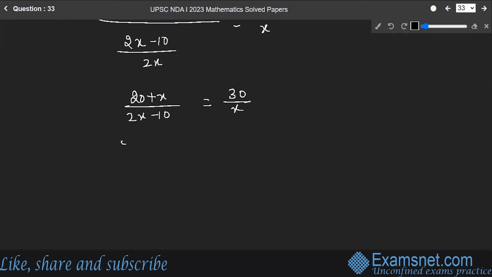Let's do the cross multiplication. 20x plus x square is equal to 60x minus 300.